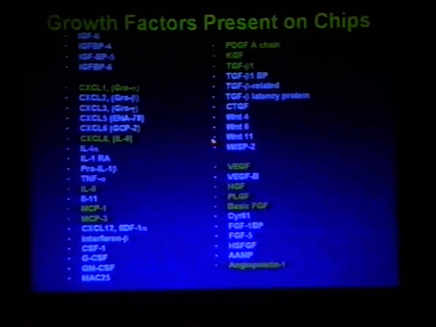A set of miscellaneous factors here. There's a quorum sensor, a paracrine factor, and various factors involved with the synthesis of extracellular matrix. But the 2 biggest groups are angiogenic factors and these modifiers of the innate immune system, these inflammatory cytokines.